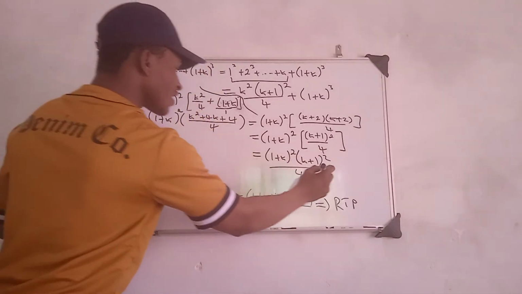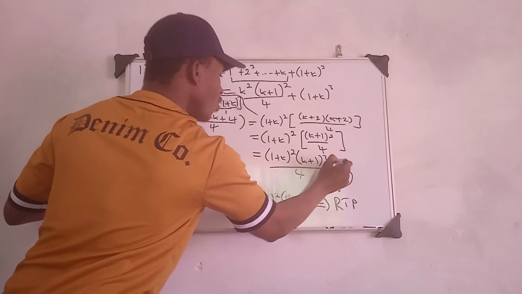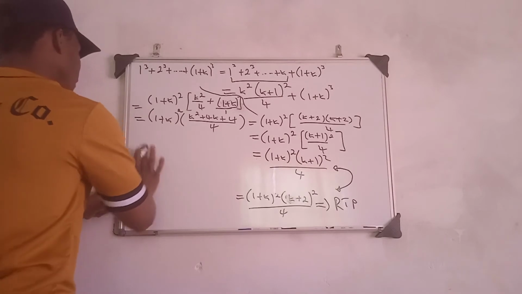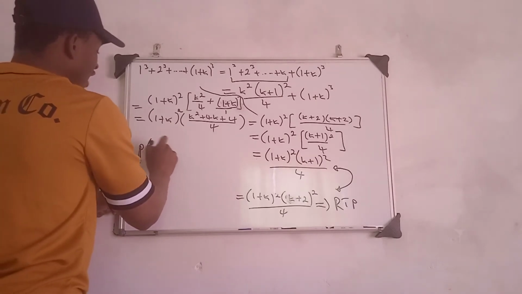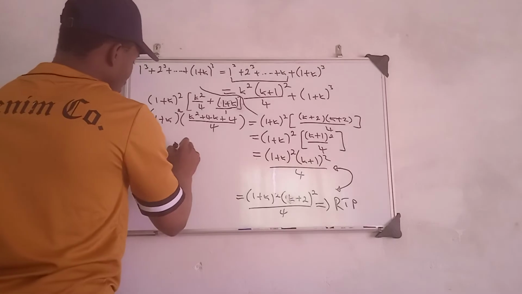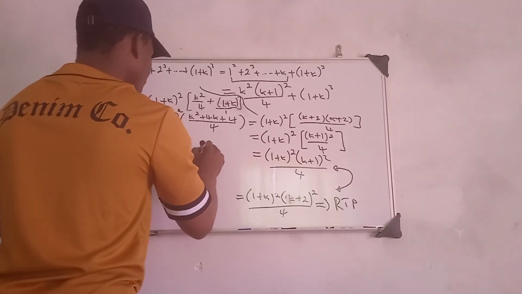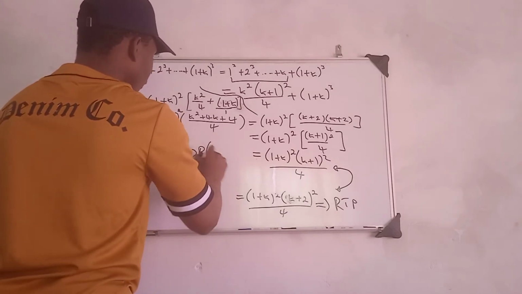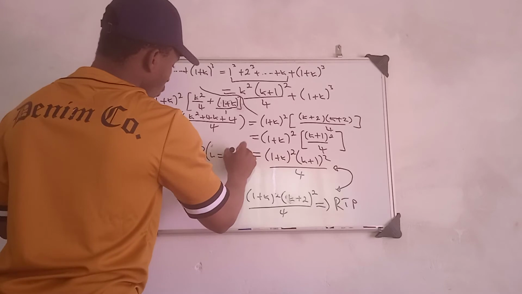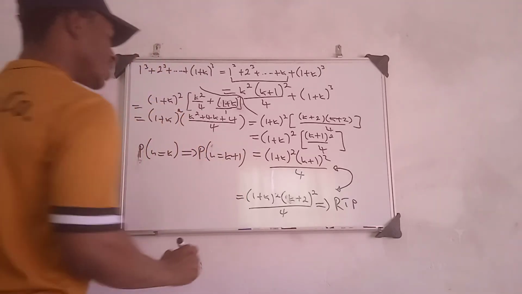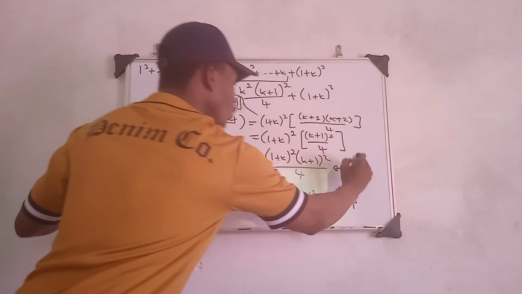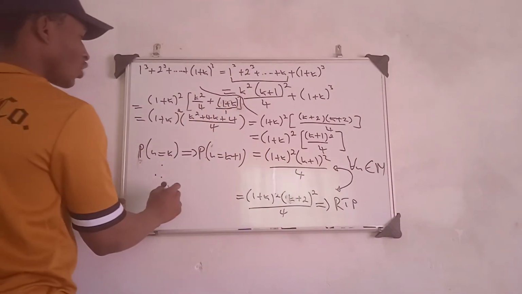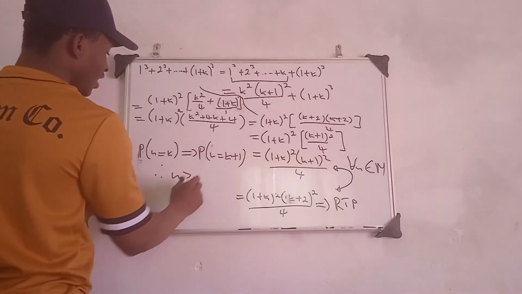And we can see that this is equal to that one. Therefore, we proved it. It means that the predicate P of n equals k implies P of n equals k plus 1. So we proved by mathematical induction. We can conclude that we proved it for all n which belongs in the set of natural numbers, so n will be greater than or equal to 1.